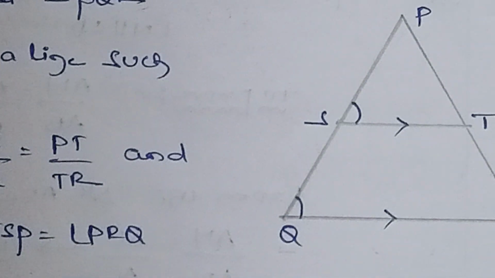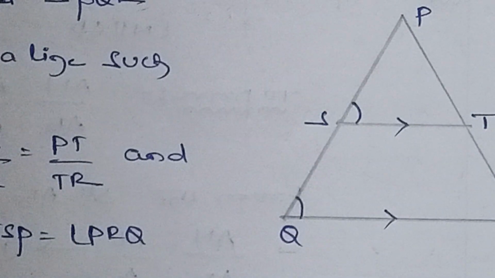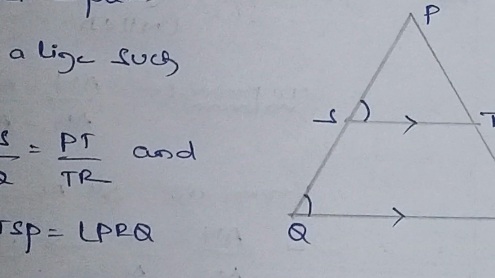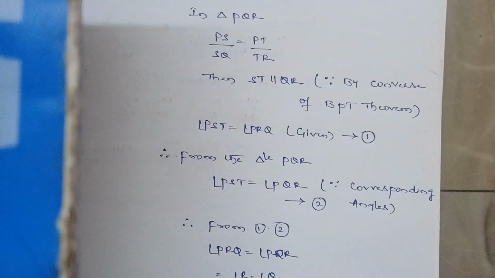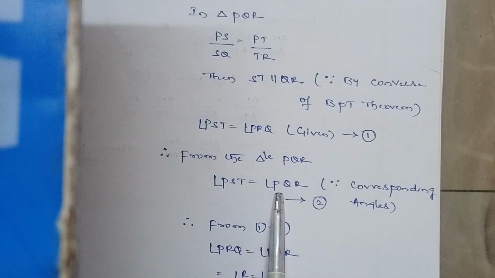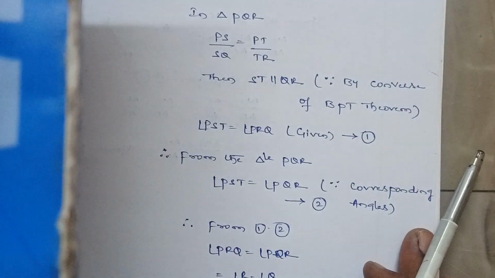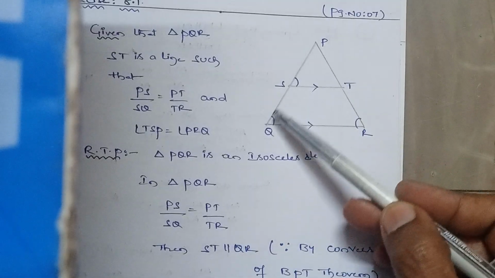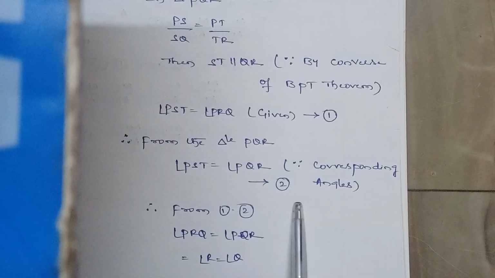Therefore, they form corresponding angles, and therefore their angles will be equal. So using that property, angle PST equals angle PQR, because angle S and angle Q are corresponding angles, students. Mention that point here. Keep it as equation 2.